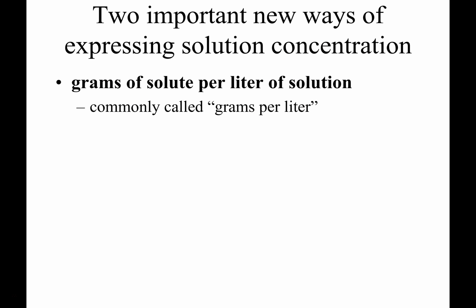So today we're going to focus on two ways of describing solution concentration, and they both have to do with solute per given amount of solution. The first one is grams of solute per liter of solution. So that's usually written g/L, where you have to recognize that the thing in the numerator, the grams, is your solute, and the liter is your solution.